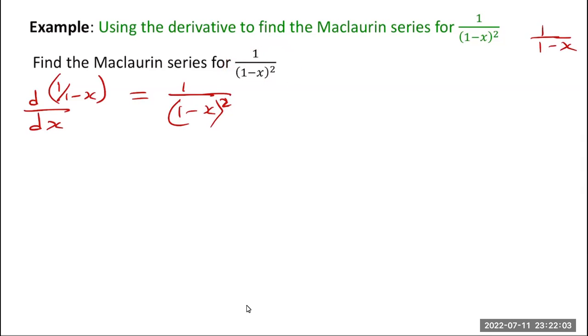So now we know that the derivative of this function is this desired function. What is the Maclaurin series for 1 over 1 minus x from previous sections? It is the sum from k equals 0 to infinity of x to the power k.